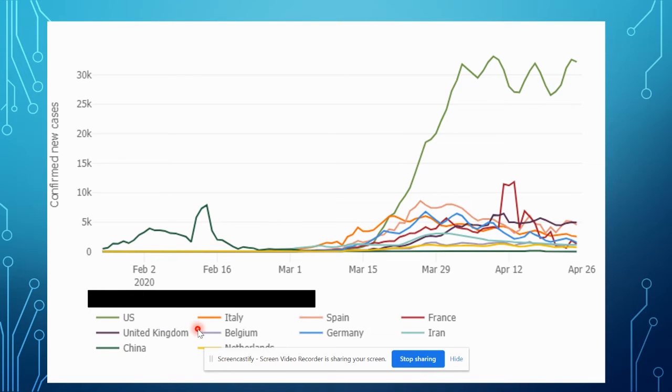And you can see, for example, blue is Germany, light blue down here is Iran. You can see China in green going up and down and then staying pretty low. So again, if we're looking at confirmed new cases, we're sure that these are new cases of COVID. Here is time.